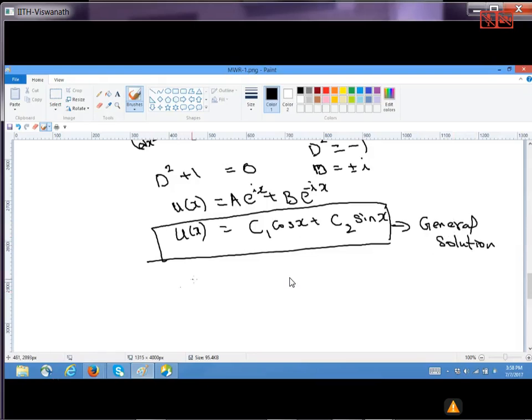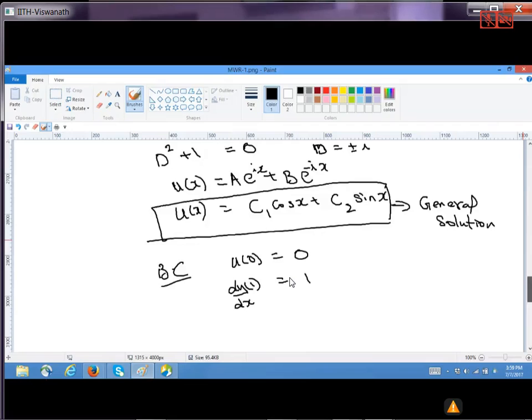Now we will try to get the solution for the given problem. For that we need boundary conditions. The boundary conditions say that u of 0 is equal to 0 and du dx of 1 is equal to 1. So let's make use of these two conditions in the above equation.